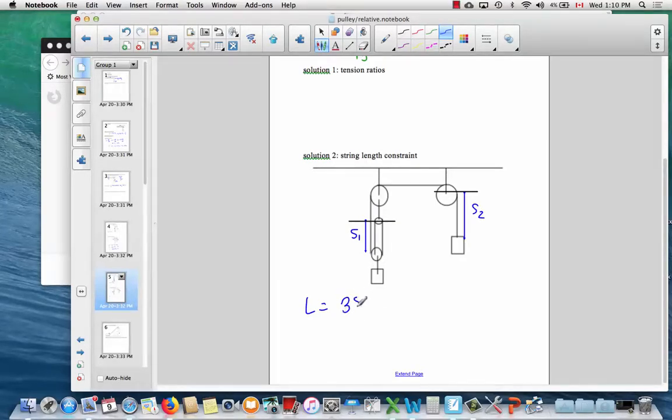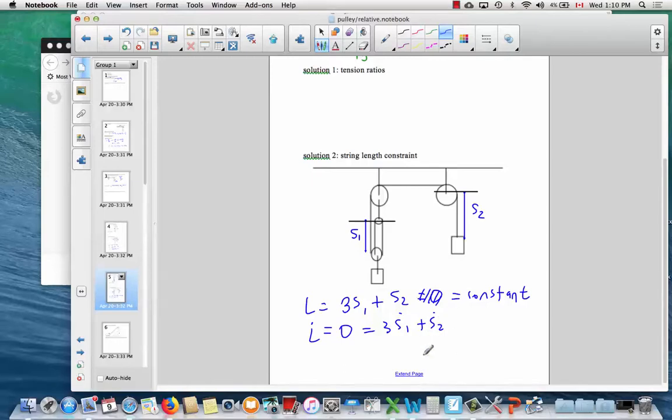So that's 3 S1s plus a fixed length, a fixed length, a fixed length, and S2. So doing a first derivative, the string length itself isn't 0, it's a constant, I should say. But its derivative therefore will be 0.